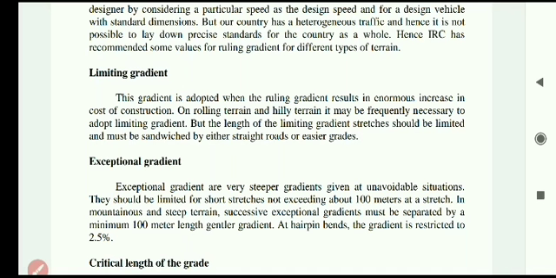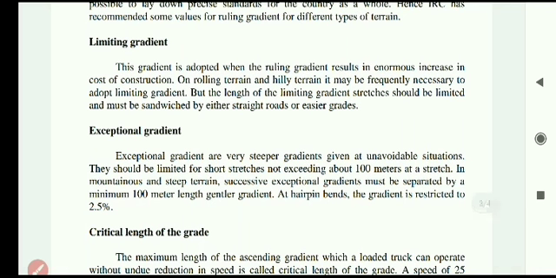Even the ruling gradient is not possible, even the limiting gradient is not possible. Across that stretch of road, some conditions will be unavoidable, meaning whatever the ground profile is, on that ground profile only we are going to construct the road for any grades. So those types of gradients are known as exceptional gradients.